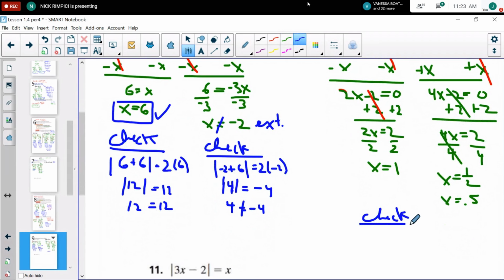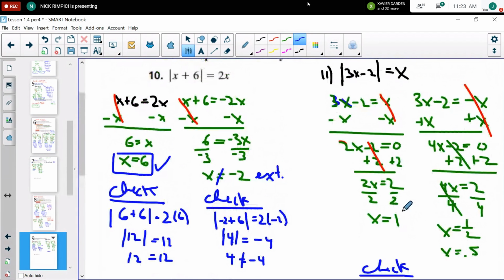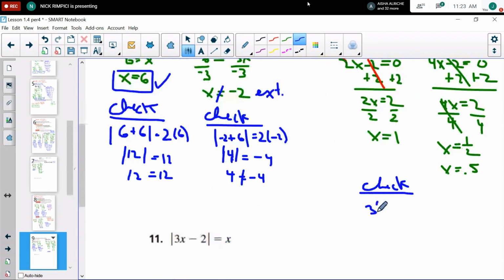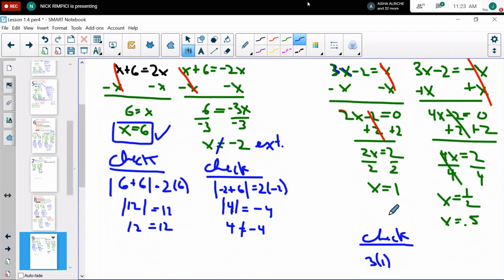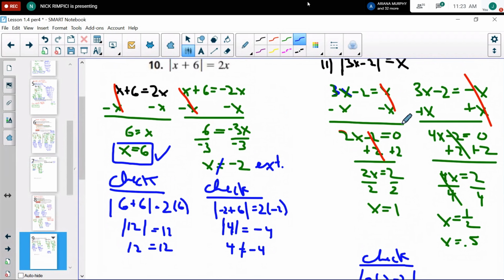All right, you want to go through checking 1? Yep. So 3 times x equals 3 times 1 equals 3. So x gets replaced with 1 on the left, and the other side also gets replaced with 1, right? Yeah.